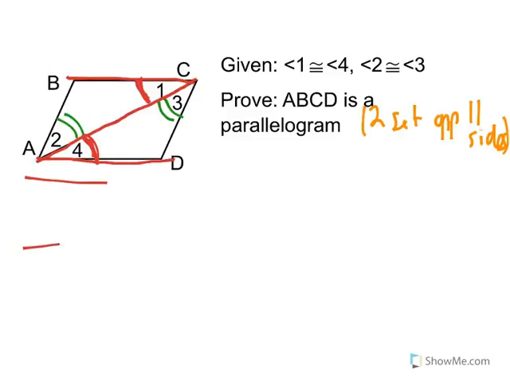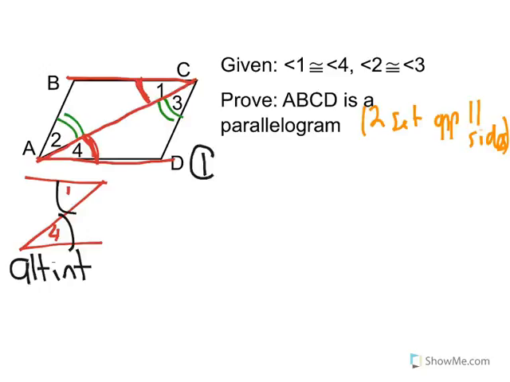So if I draw them outside of the picture, it would look like that. Since I have these angles congruent, this angle pair, they're alternate interior. And if you have alternate interior angles that are congruent, then that means the lines have to be parallel.